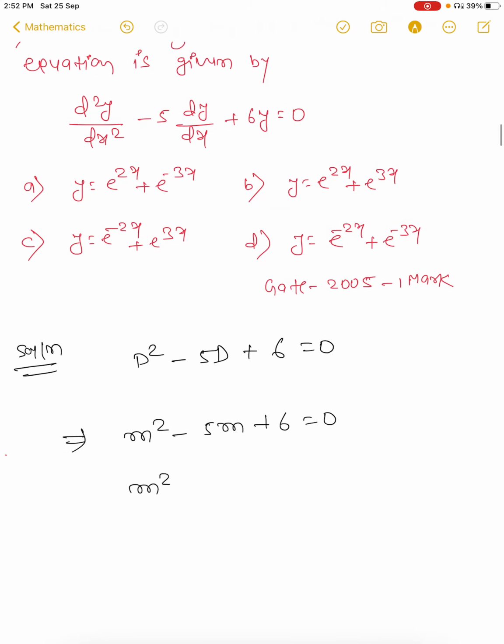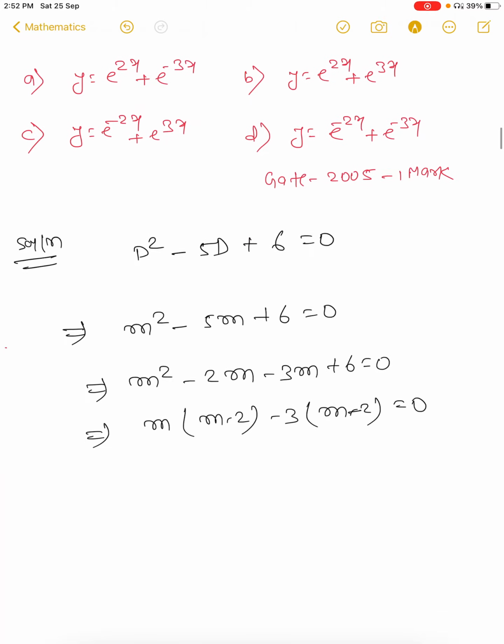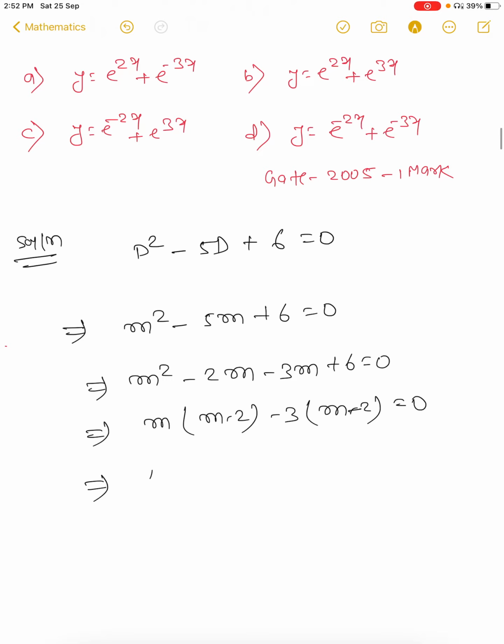Then m square minus 2m minus 3m plus 6 is equal to 0. Then taking m common, m into m minus 2 minus 3 into m minus 2 is equal to 0. So it will be m minus 3 into m minus 2 is equal to 0, m is equal to 3 and 2.